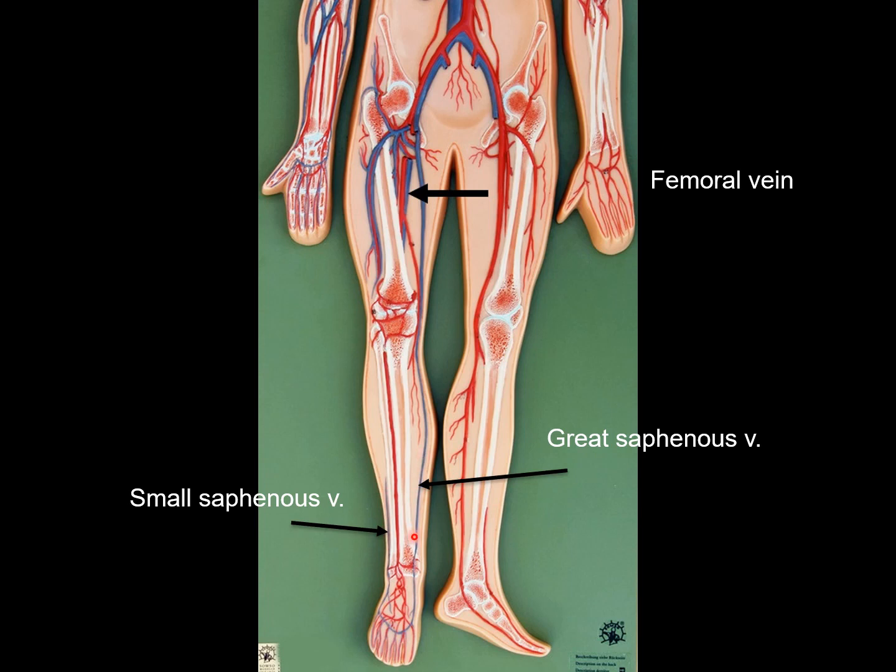The great saphenous runs the whole length of the leg, and again, this is the superficial vein coming all the way up and joining up with that femoral vein up in the pelvic region. And then they're all going to merge and return to the heart via the inferior vena cava.